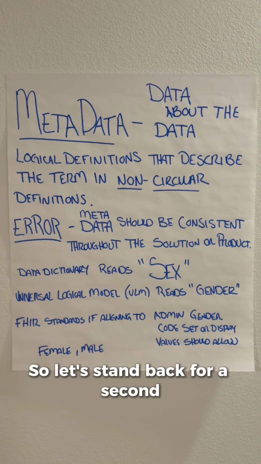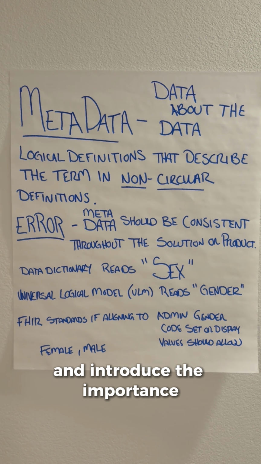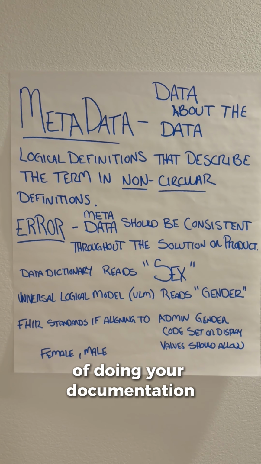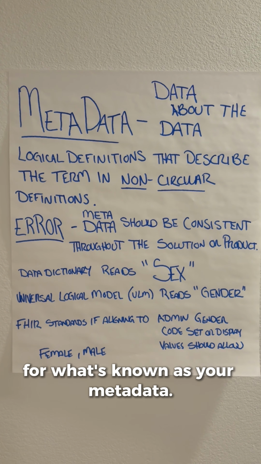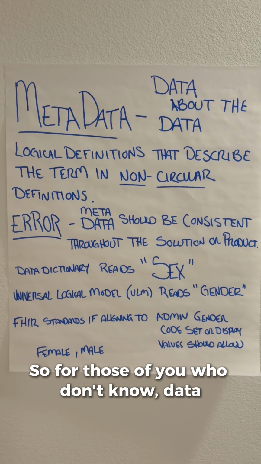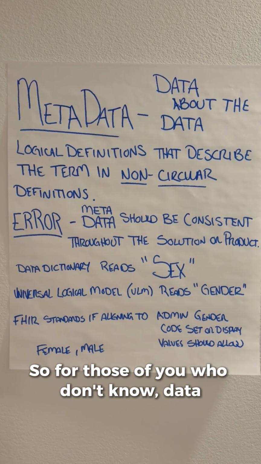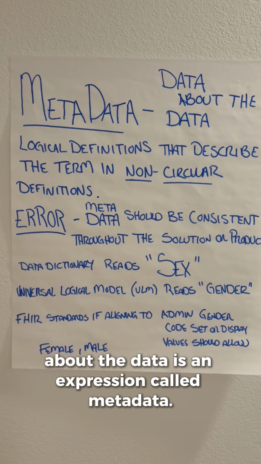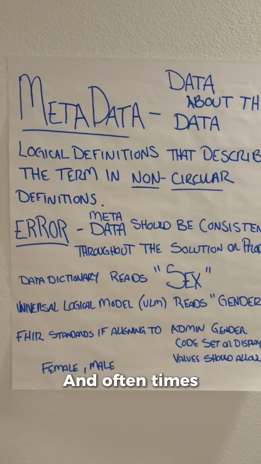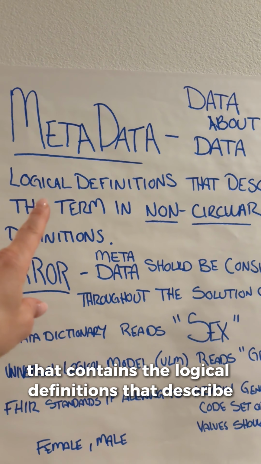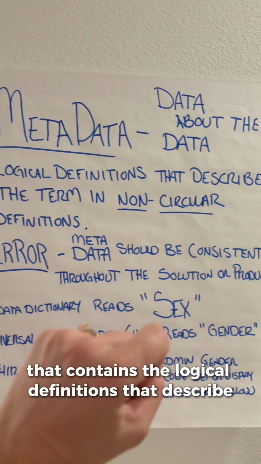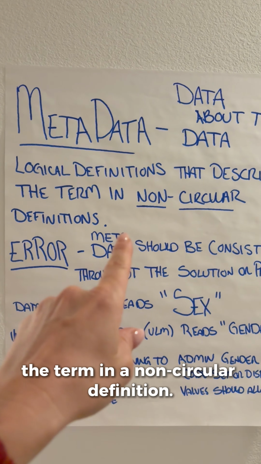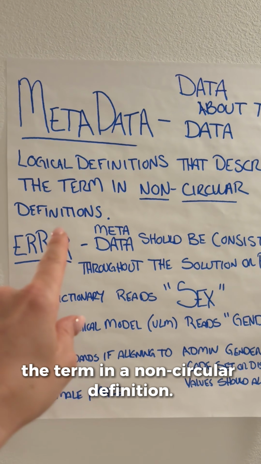So let's stand back for a second and introduce the importance of doing your documentation for what's known as your metadata. So for those of you who don't know, data about the data is an expression called metadata. And oftentimes that contains the logical definitions that describe the term in a non-circular definition.